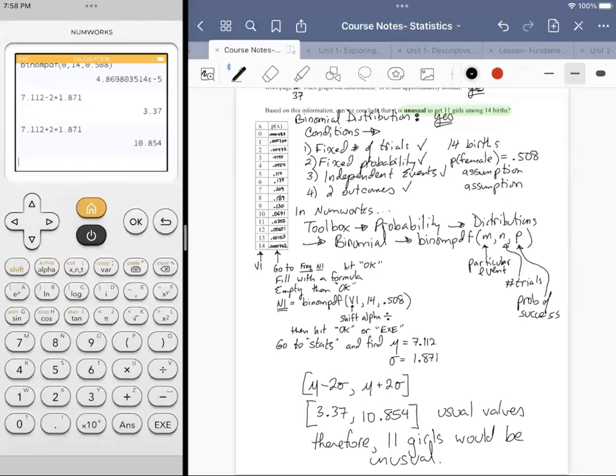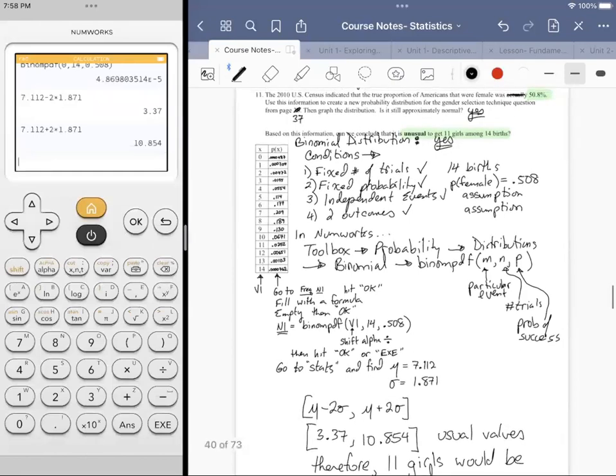And like I said, if you verify that what you're dealing with is a binomial distribution, there's a lot of fluff that you can cut away. If I know it's binomial, I don't need a picture to help me determine if it could be modeled by a normal distribution. Is it still approximately normal? Yes, because if it's binomial, it's approximately normal.